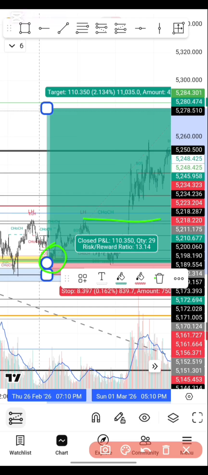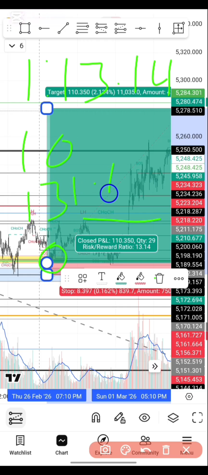Now this was 1:13.4 risk reward. That means that any $10 you are risking, you are making $131.4. So if you are risking $100, you are making $1,314.